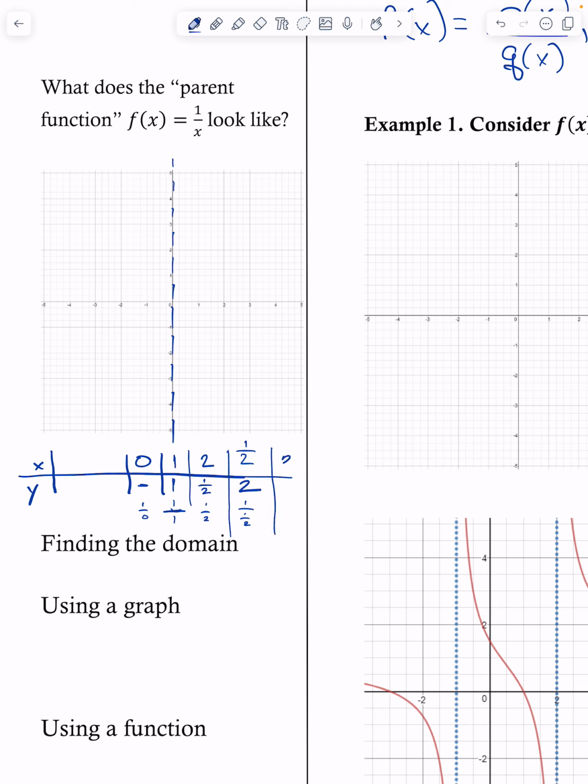And just so I have a little more, 3, which would be 1 over 3. So when x is 1, y is 1. When x is 2, y is 1/2. When x is 1/2, y is 2. When x is 3, y is 1/3. When x is 4, y is going to be 1/4. And it's going to go the opposite way here. When x is 1/3, y is 3.